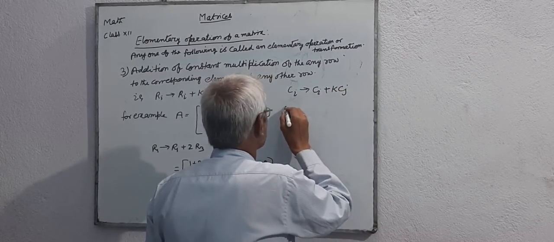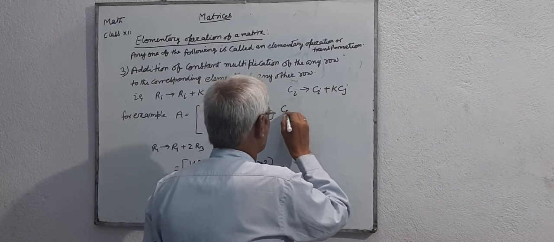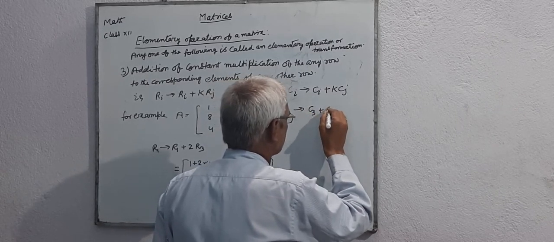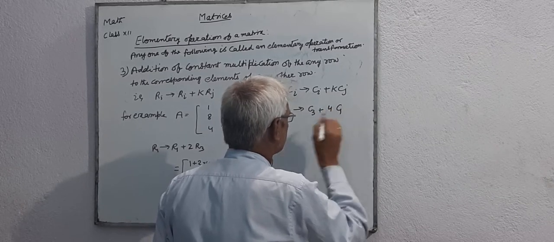For example, C3 is written as C3 plus 4C1.